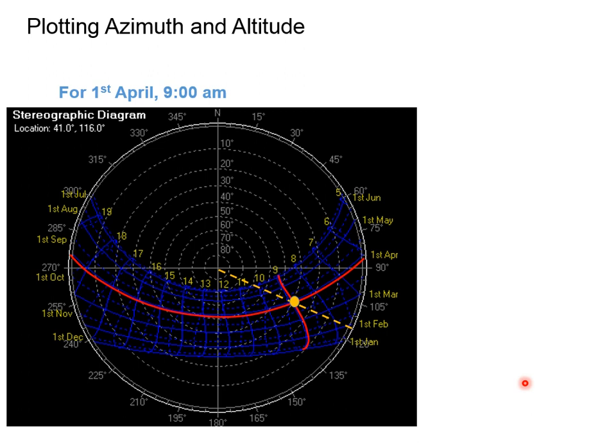If you calculate from here, it's 105, 110, 115, it's almost touching here. So the azimuth angle is going to be 115, and the altitude, if you see, is 10 degrees, 20 degrees, 30 degrees. So it is 30 degrees at 9 AM.